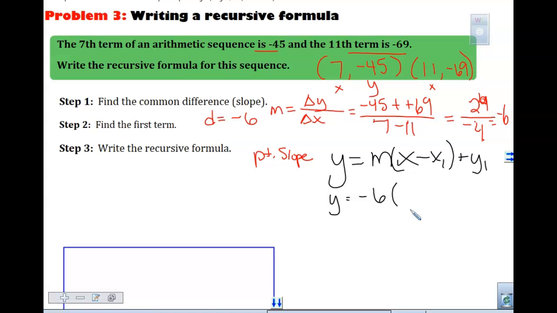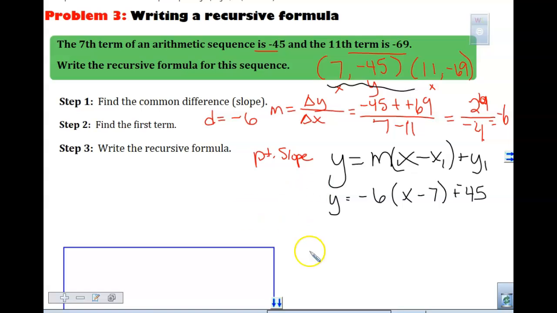We need to pick an x point. Do you want to go with 7, negative 45 or 11, negative 69? That's the only information we know. 7, negative 45 is the one we're going to use. So we're going to put x minus 7 plus a negative 45.